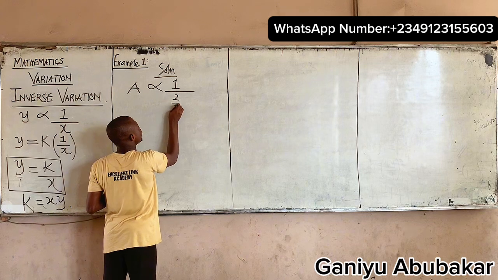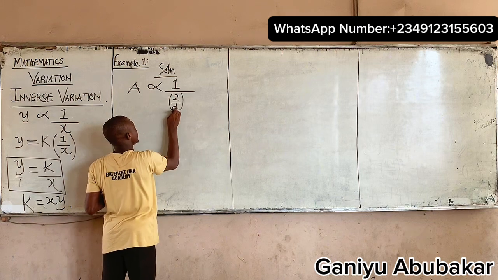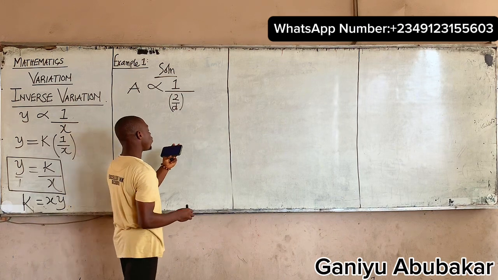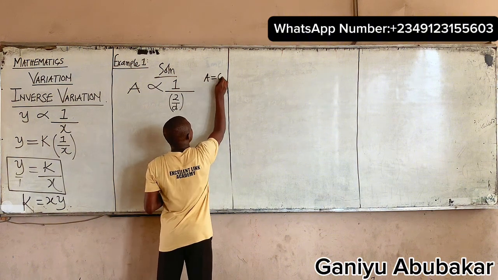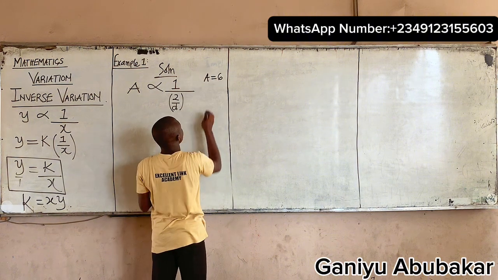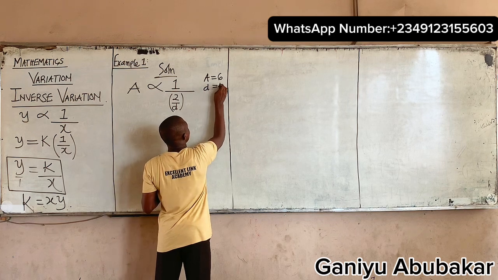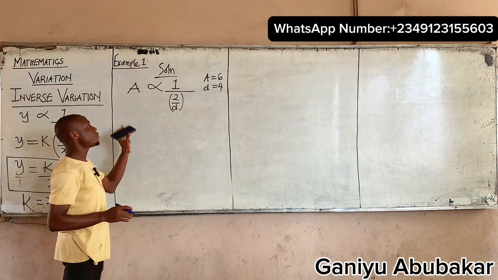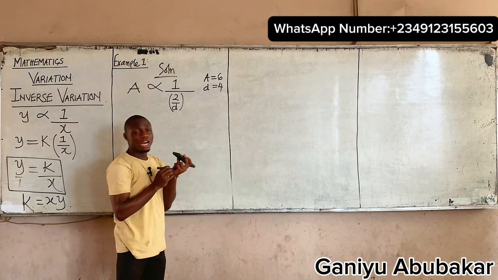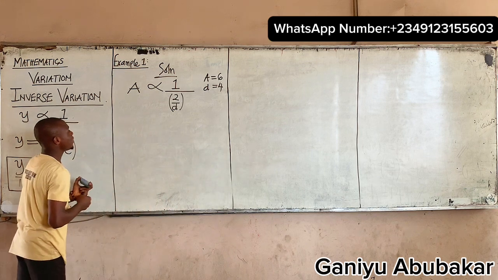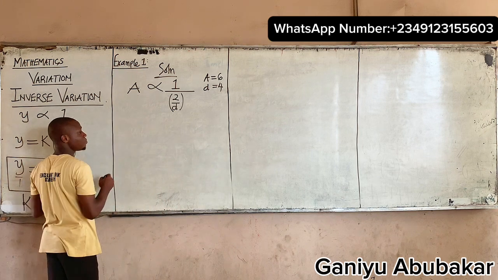So I have 2 over d. I'm given that A is equal to 6 and d is equal to 4. So at this point, with these two things, let's solve first before we start solving what you have to find.